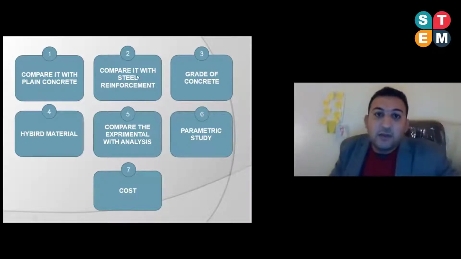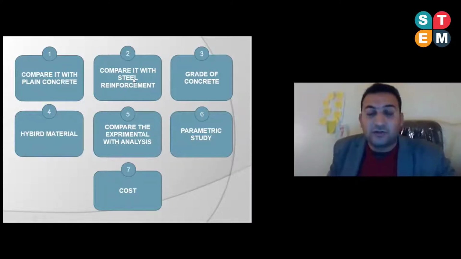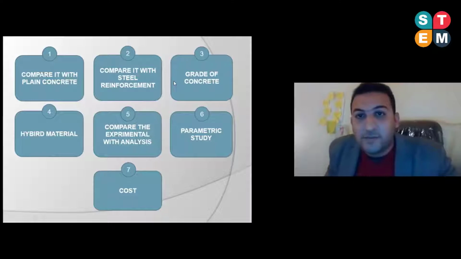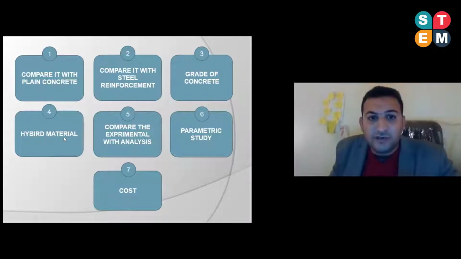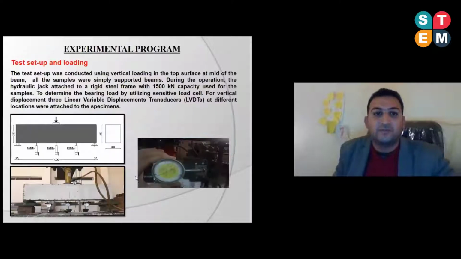The second, compare it with the steel reinforcement as we use it in our traditional building material. Third, grade of the concrete. Four, hybrid material. Five, compare the experimental with the analysis, parametric study, cost.